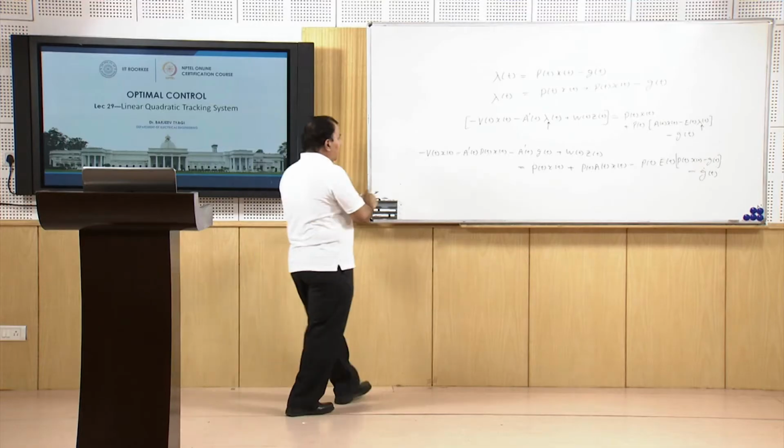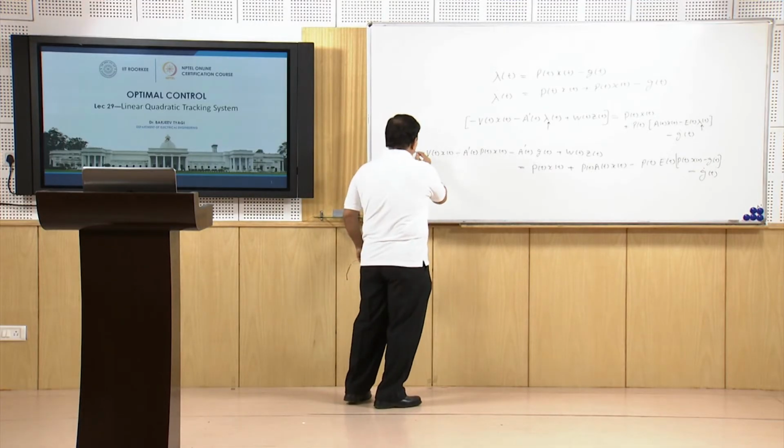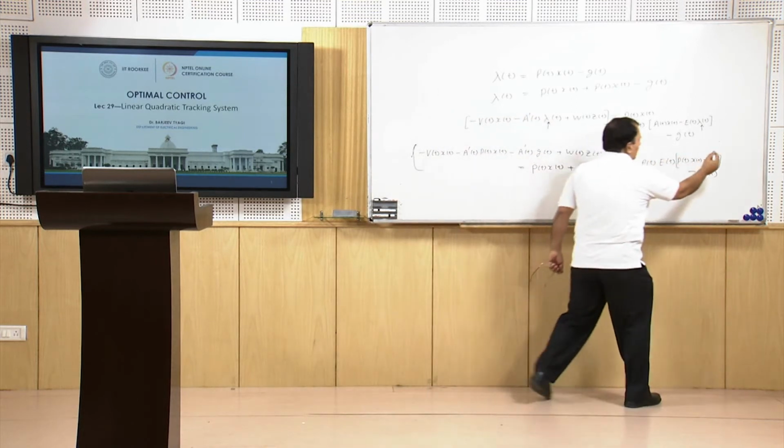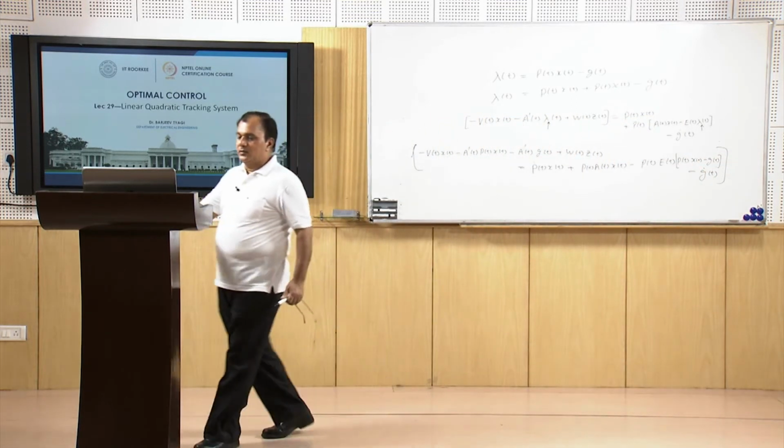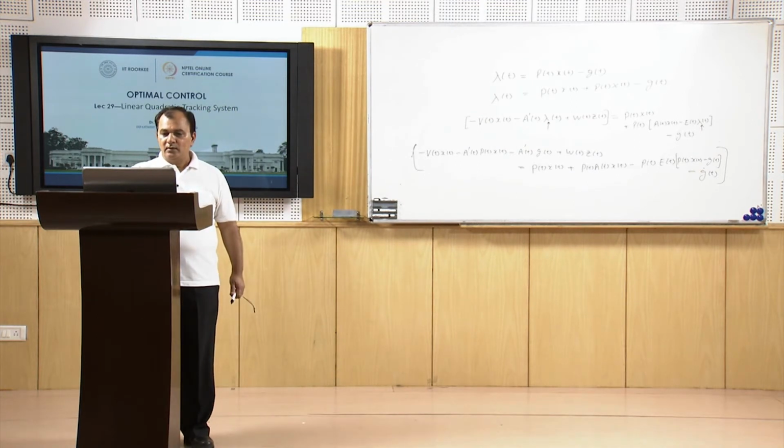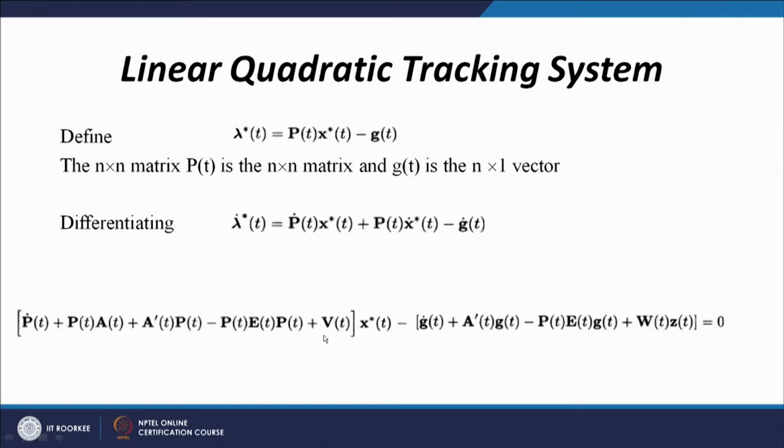So, by arranging this whole equation, we will get the overall equation as one with the coefficient of x t and the other terms: g t minus a prime t g t minus p t e t z t plus w t z t equal to 0.